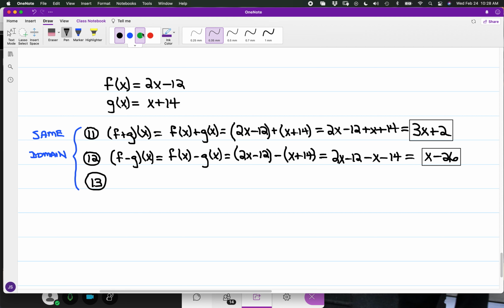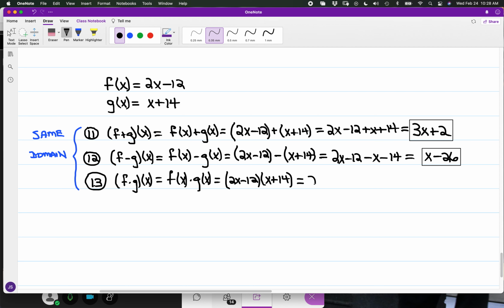And for what we have in the case of the product function, so we have for f times g of x. So we're going to have f of x times g of x. So we're looking at multiplying 2x minus 12 and x plus 14 and just taking the FOIL.